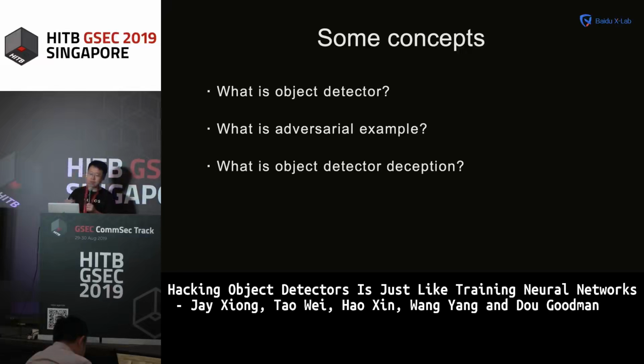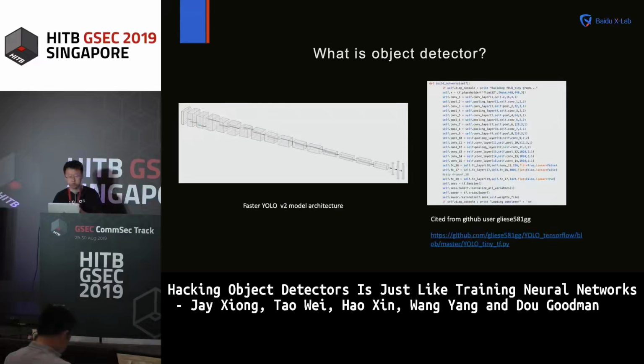And an adversarial example, which is more known to smaller people, is a picture that can fool a neural network by applying a small perturbation. And on top of these two techniques, we will introduce object detector deception.